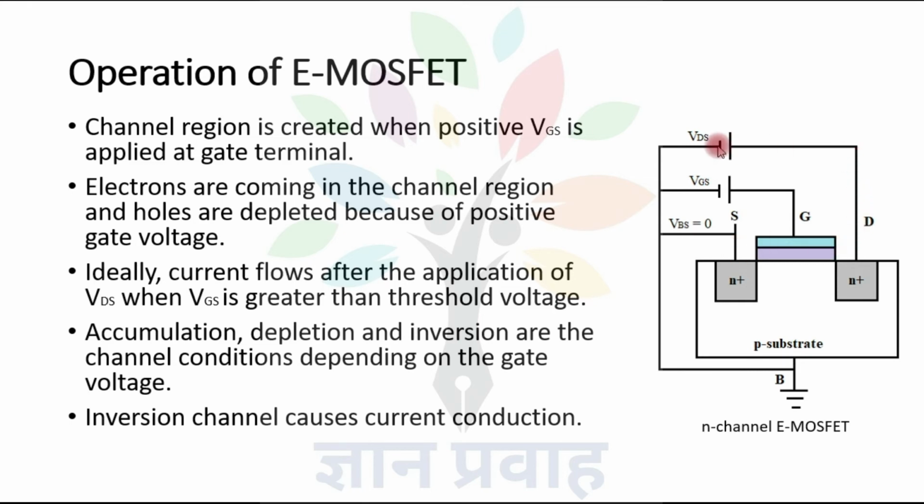And power supply is nothing but VDS voltage. So power supply is applied with respect to source terminal. So source terminal is nothing but the reference point or ground terminal. And here we are assuming VBS is 0, there is no body effect. So body and source both are connected together and connected with ground.